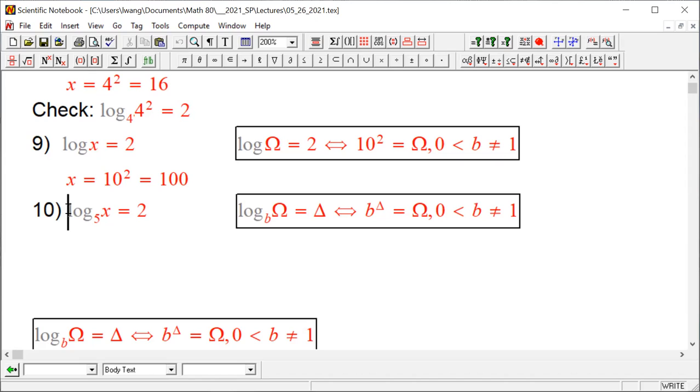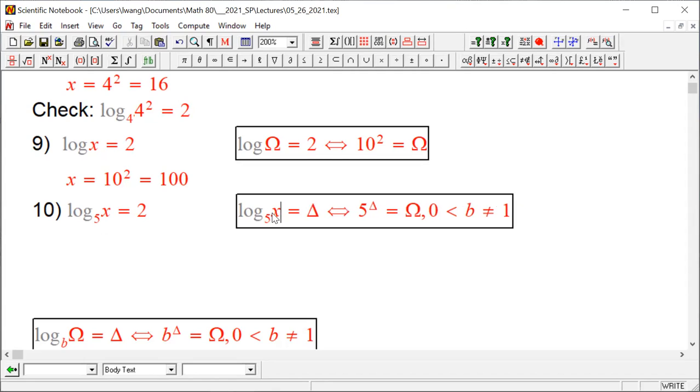Now, if you look at number 10, the base is 5, so all the bases turn to 5. It's like a matching game, isn't it? x is in the place of omega.